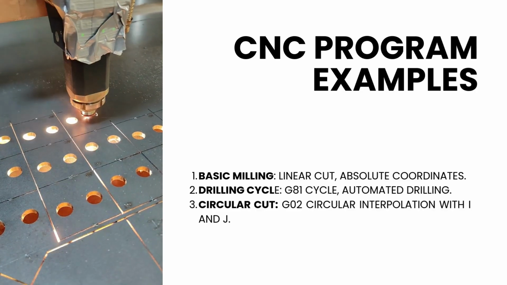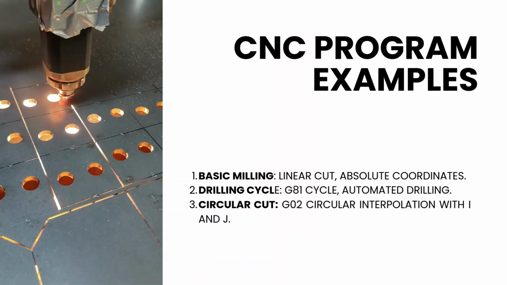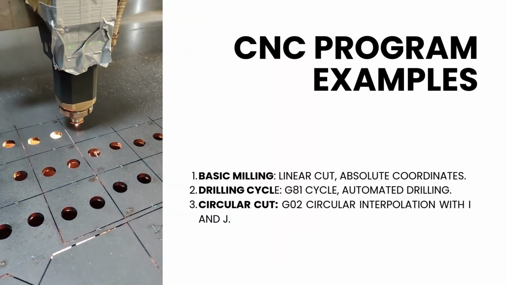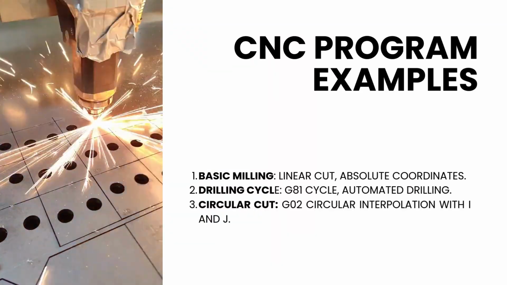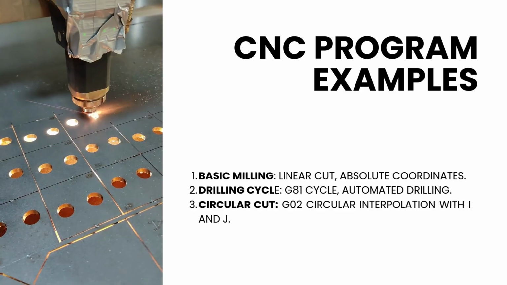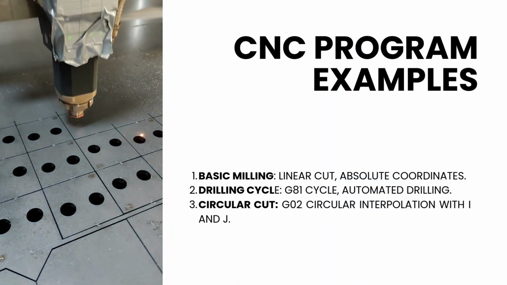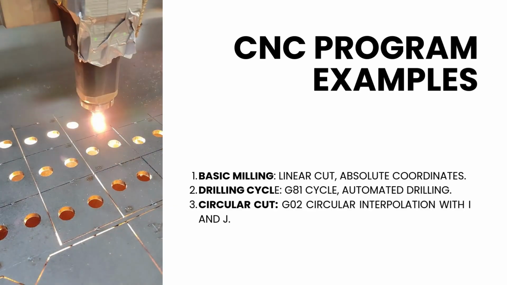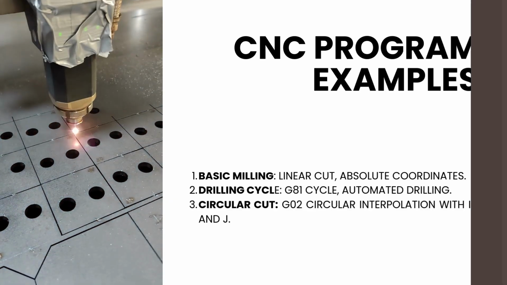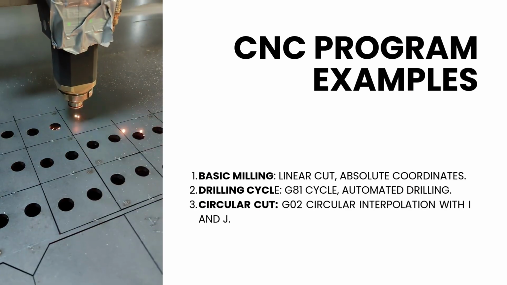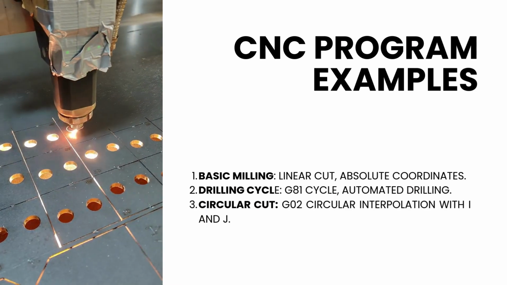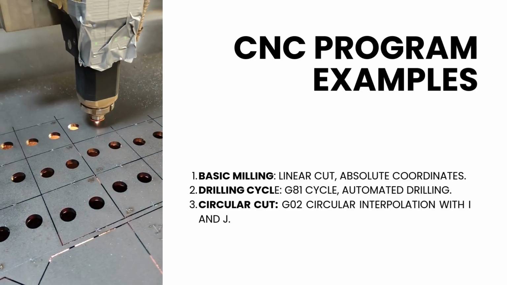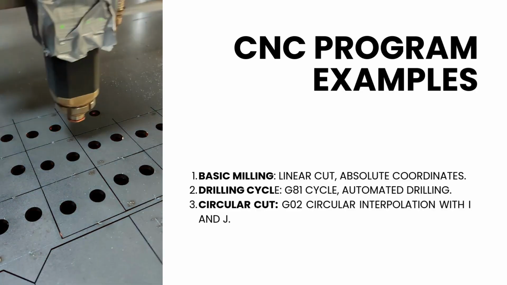In this case, tool 2 is used for drilling with the spindle running at 800 RPM. The G81 cycle automates the process of moving to the drilling point, drilling to minus 10 millimeters, and retracting to 2 millimeters before the surface. G80 cancels the cycle. This kind of operation is efficient because the machine repeats the drilling process without you having to write each step manually.